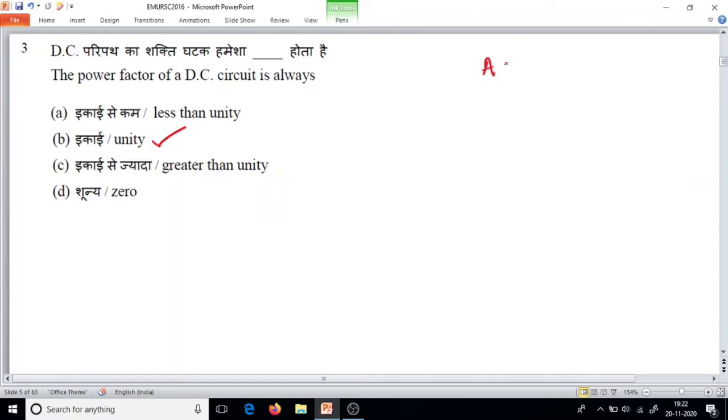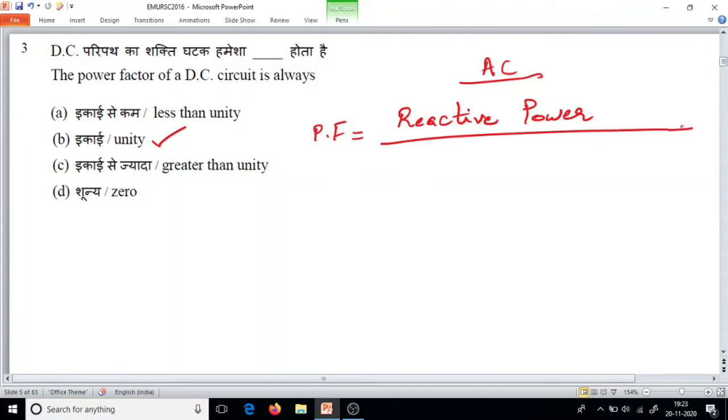For an AC circuit, what is the power factor? For AC, power factor equals reactive power divided by apparent power.